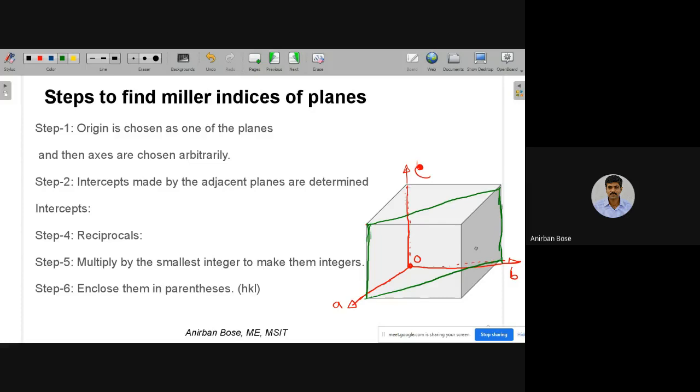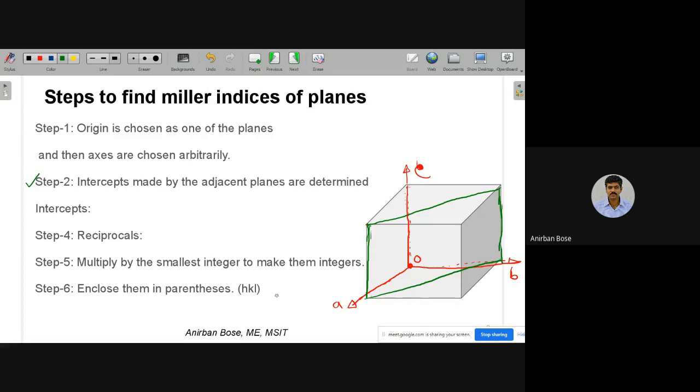Now just follow the steps. After selecting the axes and the origin, you go to step 2: find out the intercepts made by the adjacent planes.